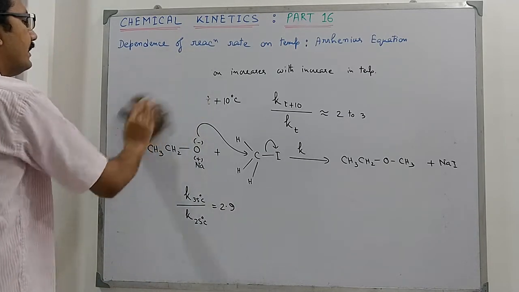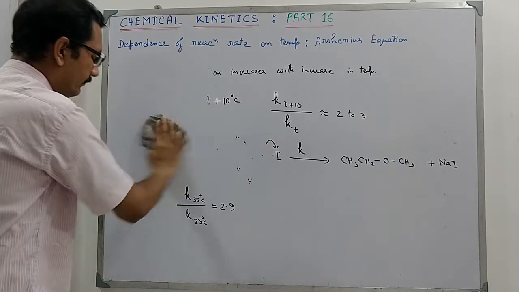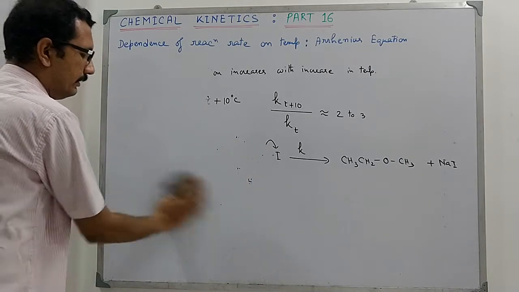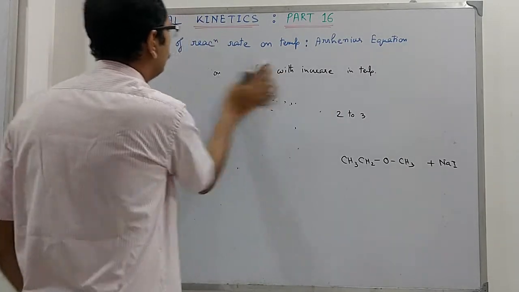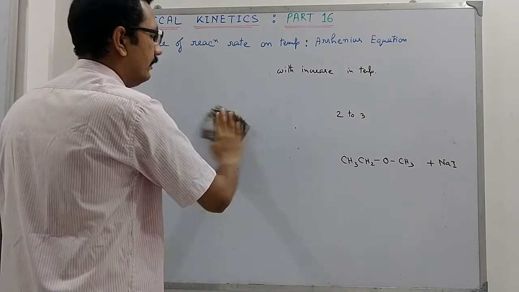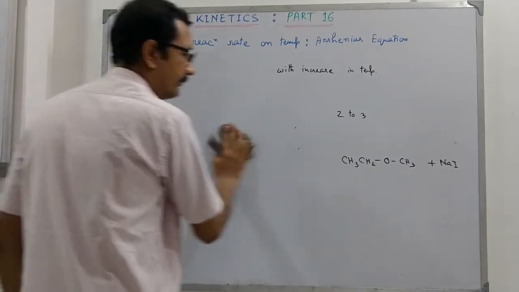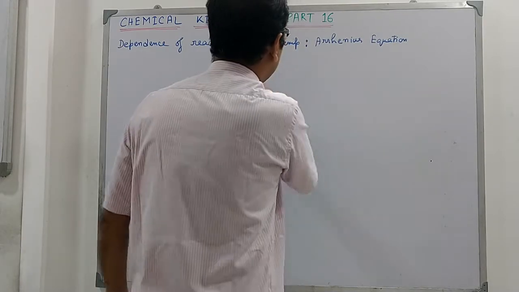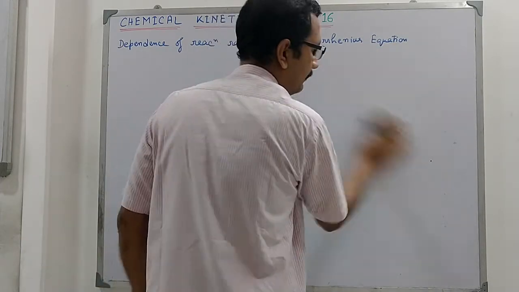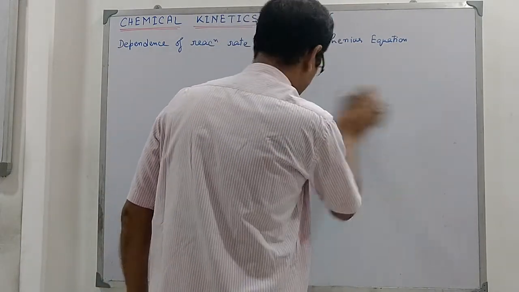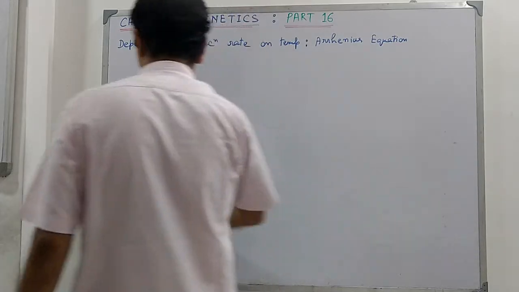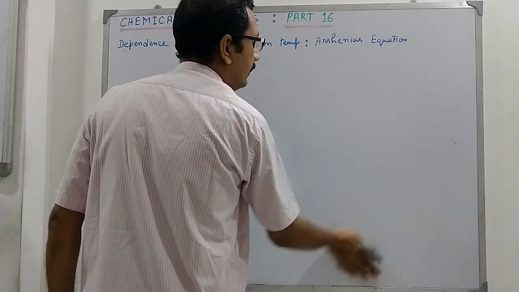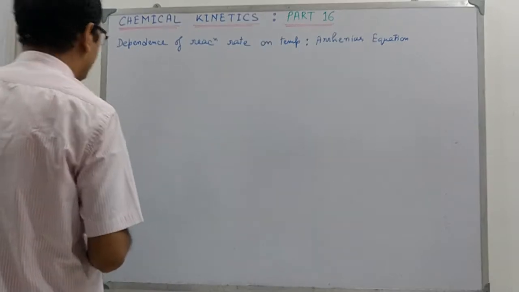Now upon rigorous study, Arrhenius was able to get a lot of data for a reaction having rate constant varying with temperature.